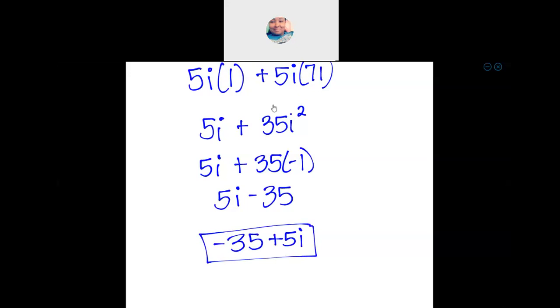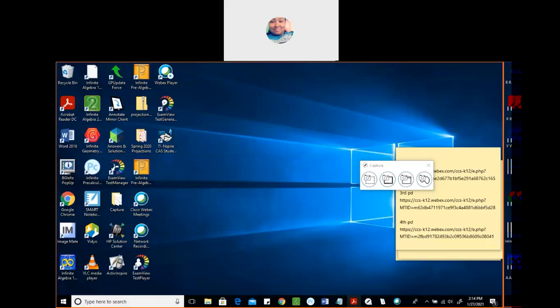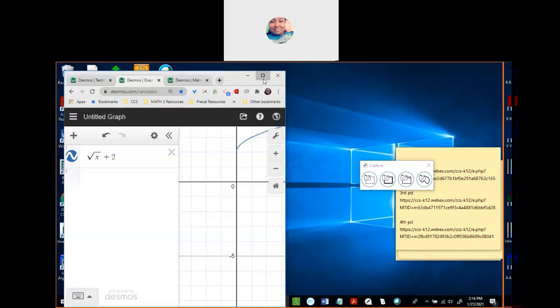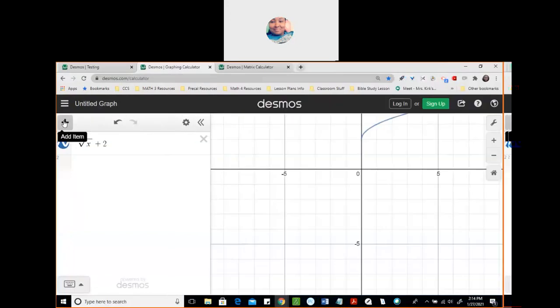With these, you do want to do it by hand, mainly because if you try to put it in Desmos, it probably won't give you the answer. Matter of fact, let's try it. It doesn't work with adding. May surprise me and work with multiplying. 5i times 1 plus 7i.